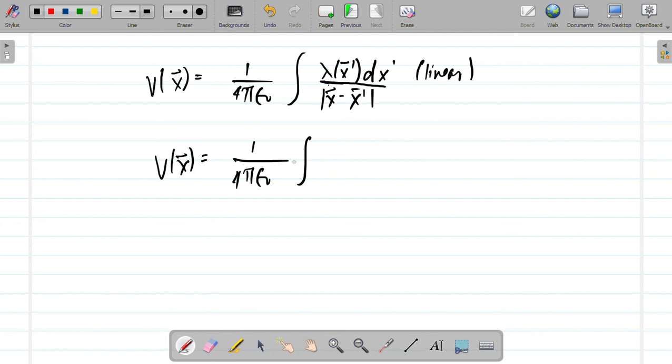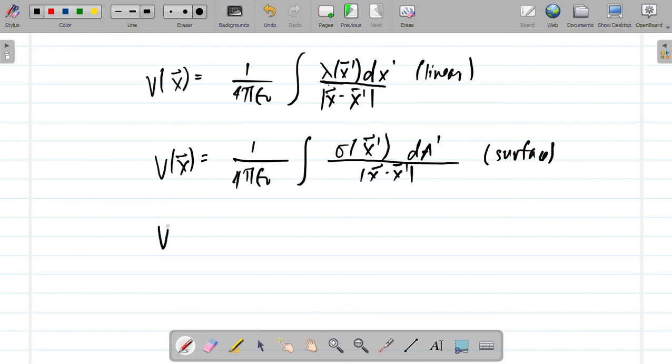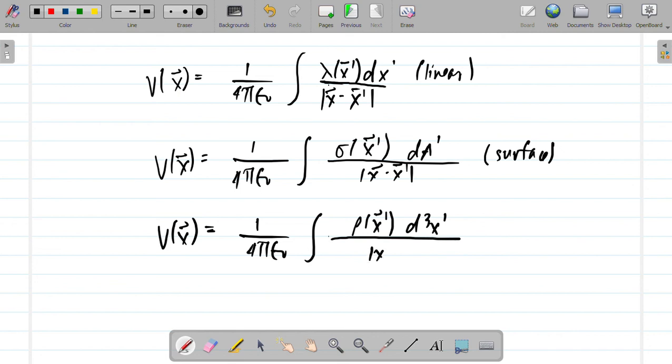So sa surface naman, we get sigma of x prime dA prime over x minus x prime. This is surface. Next, we have V of X sa volume naman. 1 over 4 pi epsilon naught integral ng rho of x prime d cube x prime over x minus x prime.